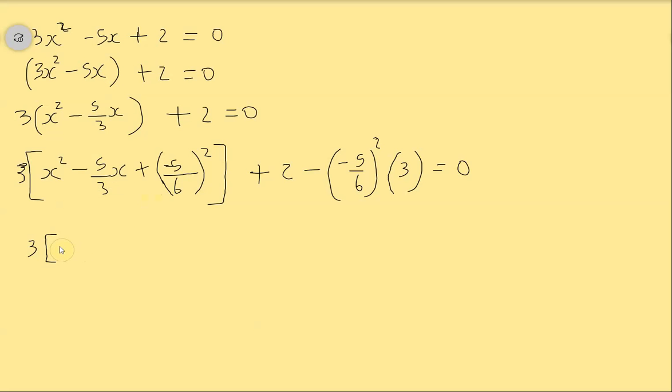So if you can recall, we have our x, and then we basically just write down half of the b term, which is this right here, negative 5 upon 6, and that's squared. Great. Now we have our plus 2 minus, now negative 5 upon 6, when you square that, you would get 25 upon 36.